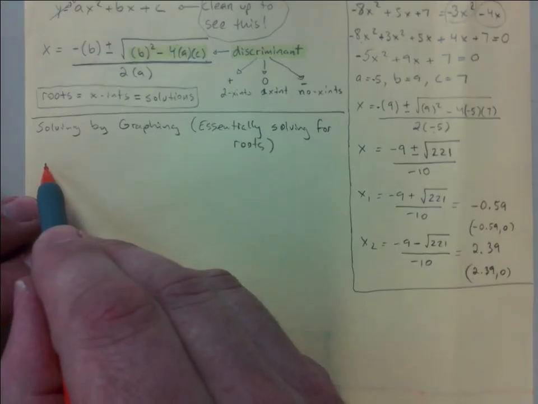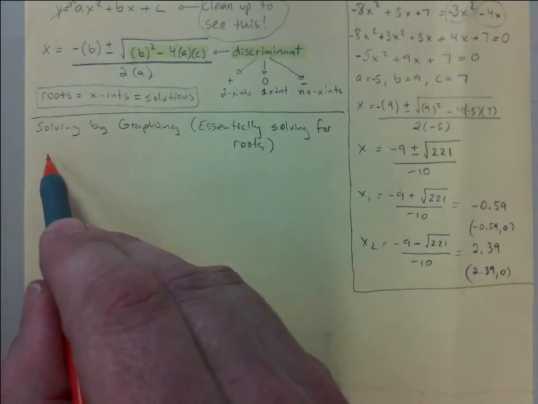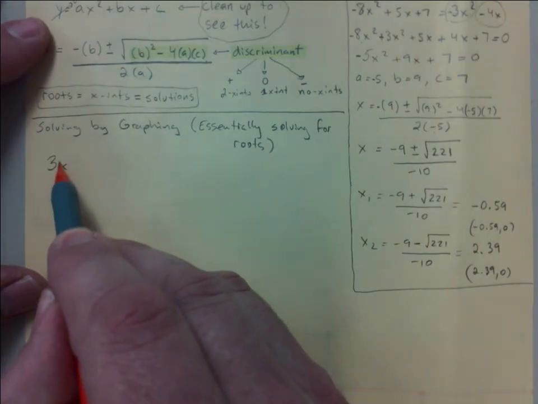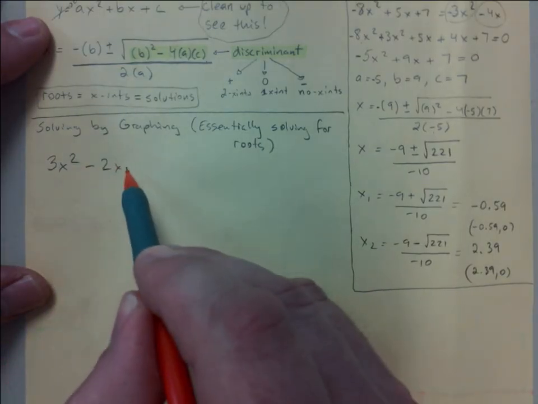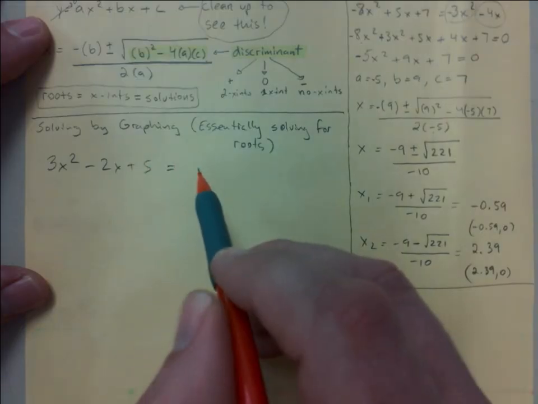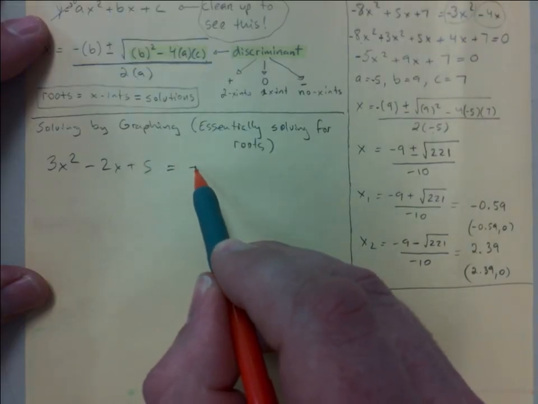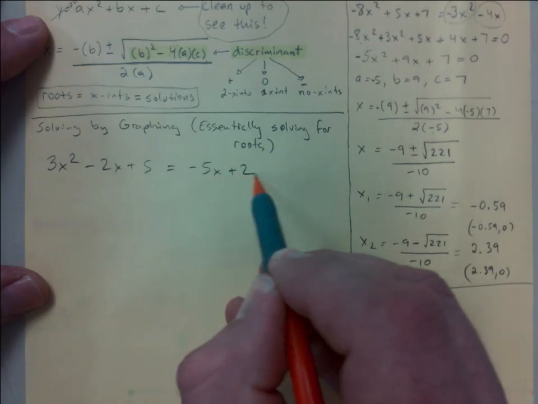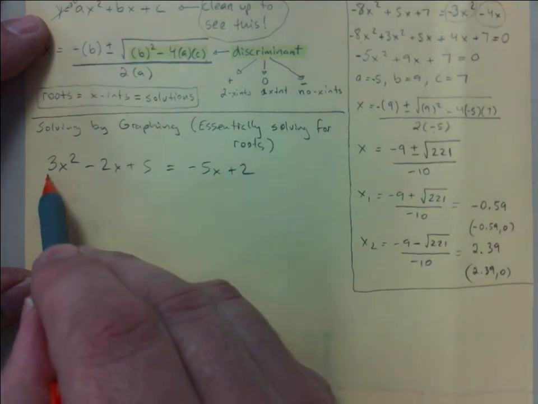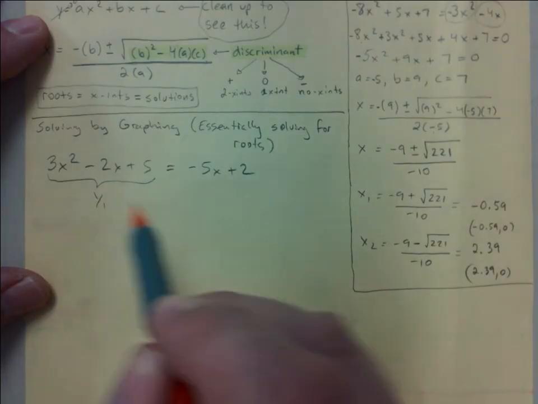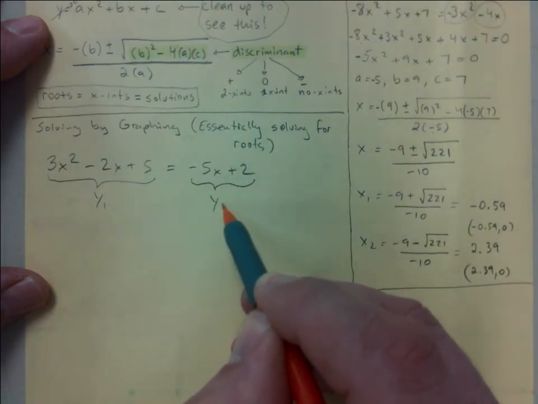Stop it. Okay. So basically, I don't know if this is going to work, but 3x squared minus 2x plus 5 is equal to negative 5x plus 2. Let's just put it this way. You put this into y1. You put this into y2.